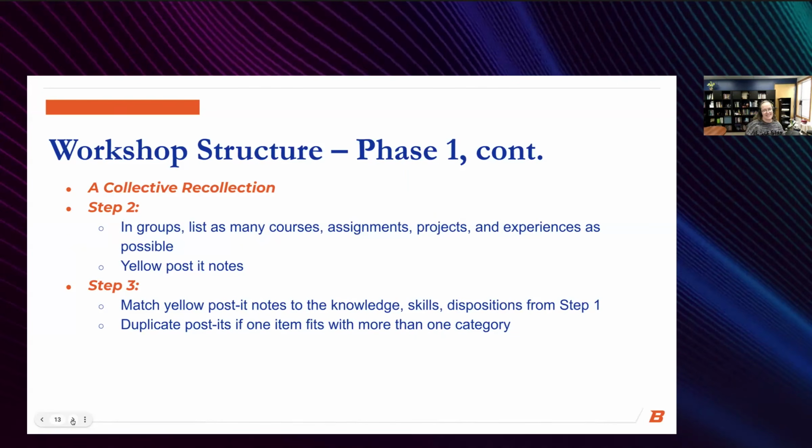Okay. So as we continue this, we then have them work together in what we call collective recollection. The idea here is that we're really preparing them to have a self-reflective opportunity when we later talk about the exit survey that they fill out.